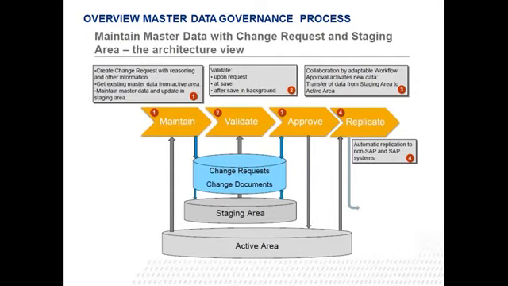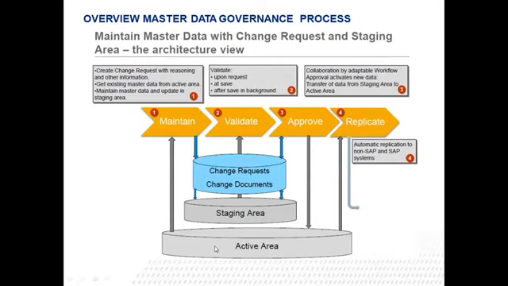SAP has created some staging areas. Whenever you activate the master data governance model, it generates the staging tables. So whatever relevant information is there gets saved in the staging area. Then the updated data will be validated from the staging area.